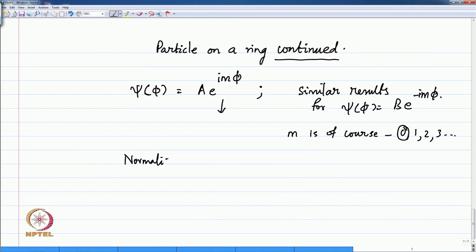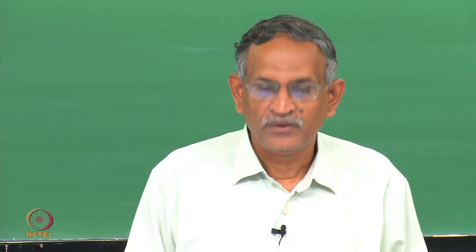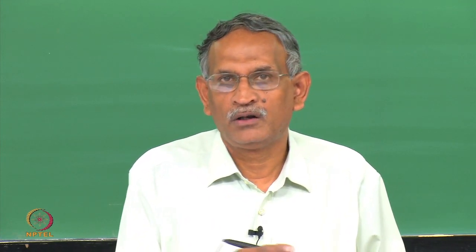A is a normalization constant, because we always concern ourselves with making sure that the wave functions are normalizable. Therefore, the square of the wave function can be associated with the probability description and the probability density. Here the normalization is done over all the values of phi for which the wave function is unique.